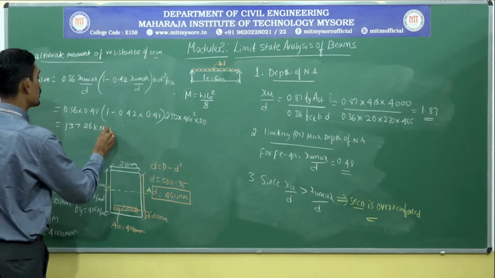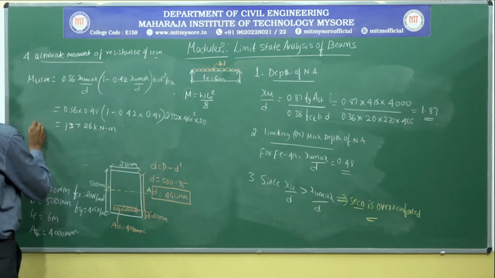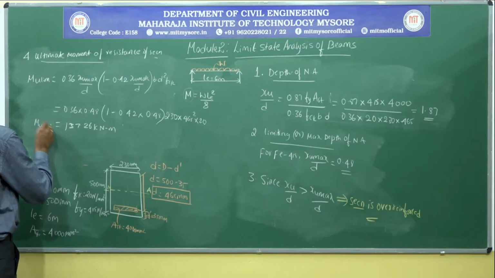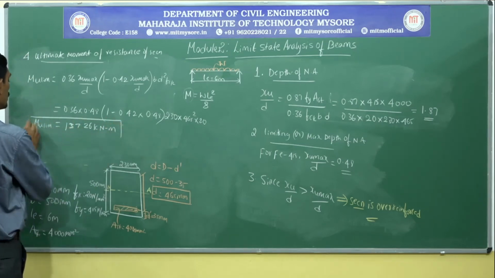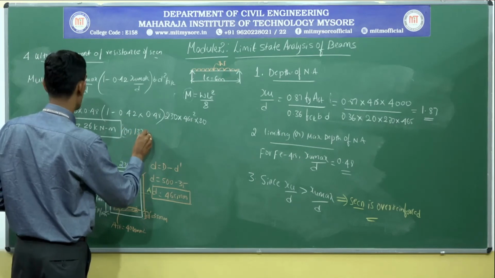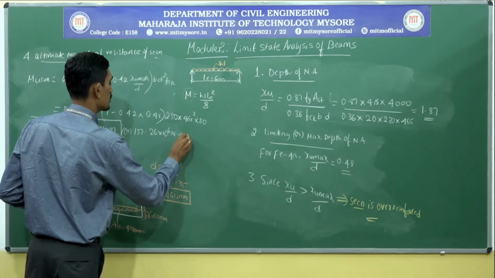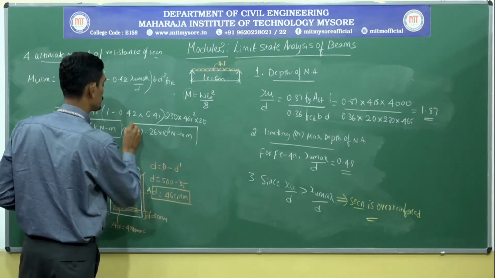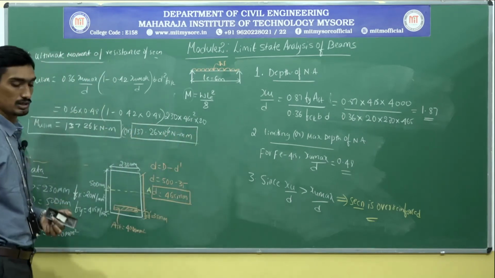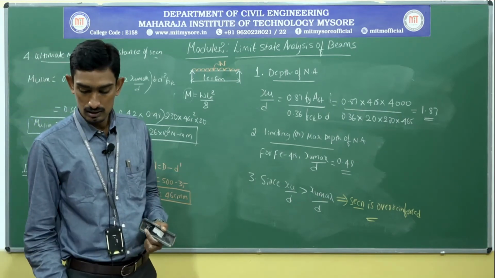Anyway, you will get the answer as 137.26 into 10 to the power of 6 Newton millimeter. You are going to convert it into kilonewton meter. So both are okay. So this is the way I am going to calculate the things.